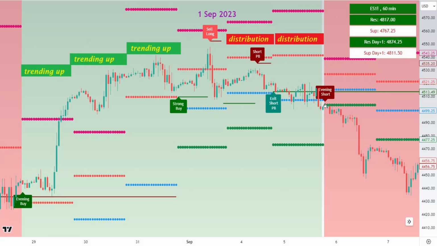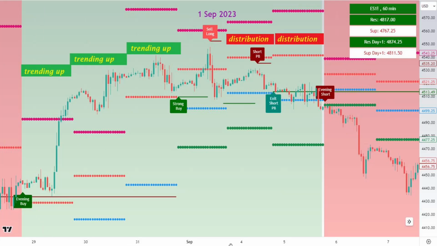And finally, you see after 3 distribution days, when price spent 3 days inside the range, when there was an evening session, 7 p.m., price opened way under the blue daily support. That was a striking difference to what we had during the previous 7 days, and a new trend down started.